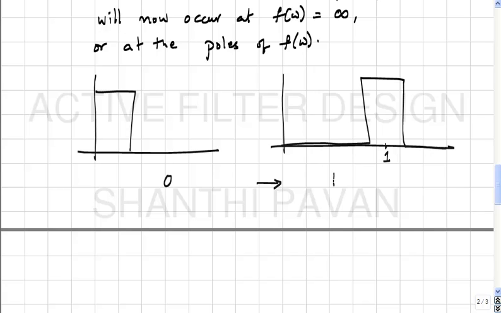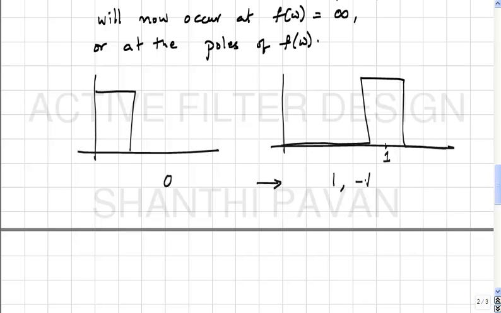Whatever happens, the response must be symmetric, so whatever happens at 1 must also happen at -1. So 0 in the prototype must transform to 1 and -1.